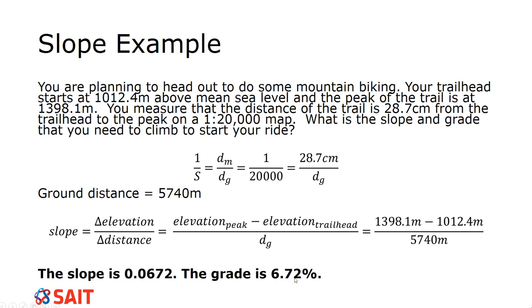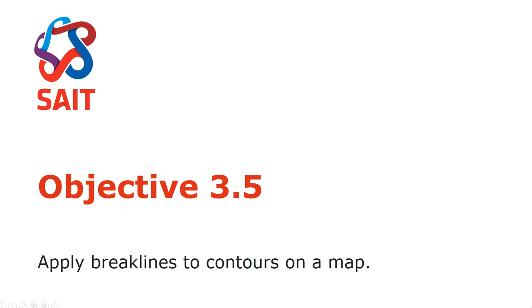But we do see grades all the time on roads, right? It's like, oh, you have a 6% grade. So it is more common to see percent, so we tend to put it in percent. But if I just ask for the slope value, then I'm just looking for the decimals, so no percentage on it.